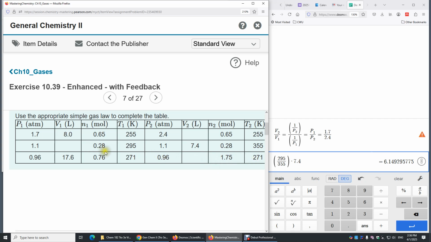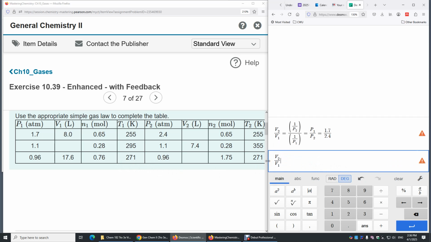So we just need to look at the difference between N1 and N2, because we have the same pressure and the same temperature. So V2 divided by V1 equals N2 divided by N1. Volume is proportional to the number of moles. The more gas you have, the larger volume this gas occupies.